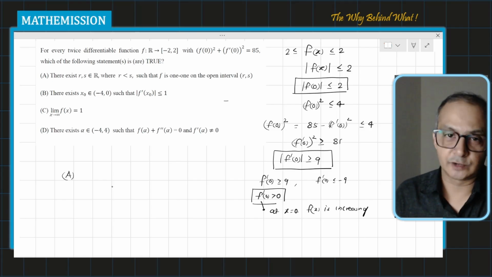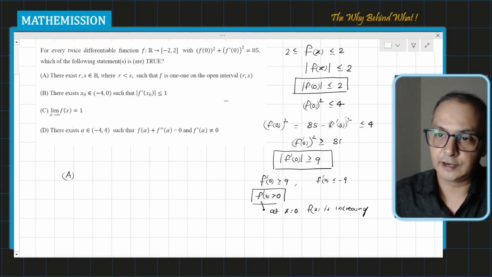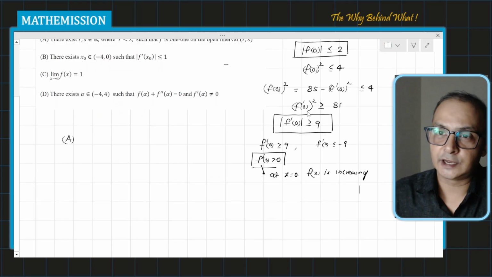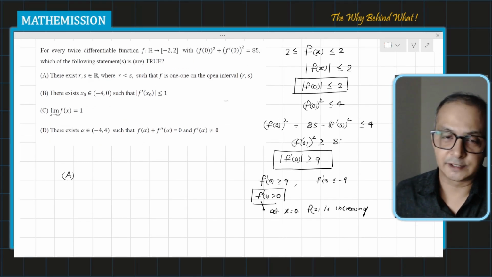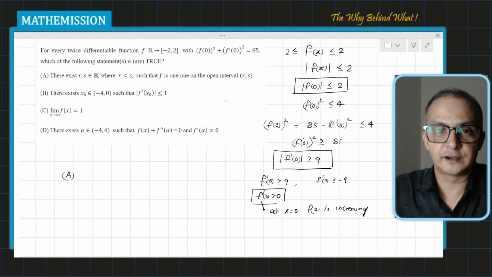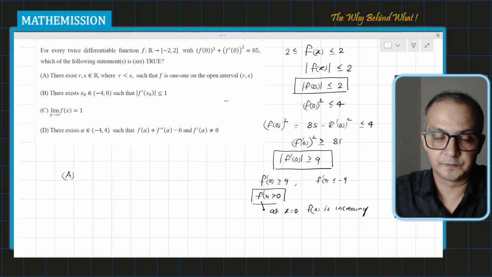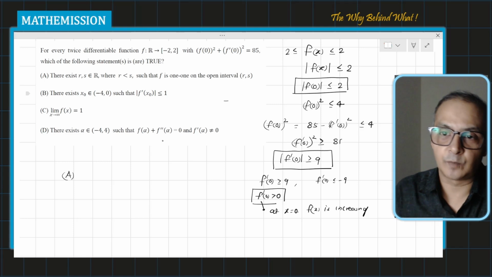Now try to understand the scenario. Let's try to understand this entire concept by using the definition of an increasing function at a single point. When a function is increasing at a single point, what is the definition?